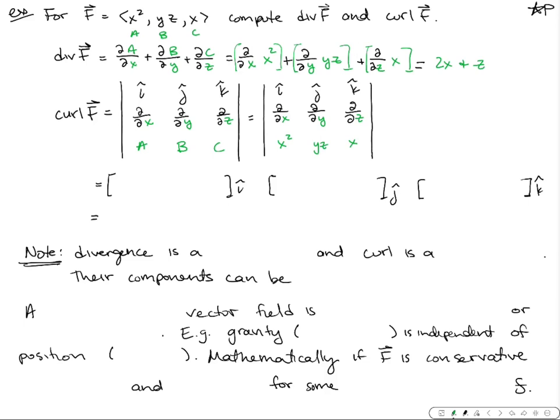And then the way you compute the curl is you look at i hat first and then take the determinant of the entries that aren't below i hat. So that's going to be d over dy times x, and then minus d over dz times yz.